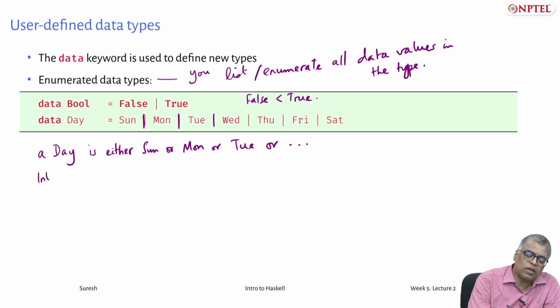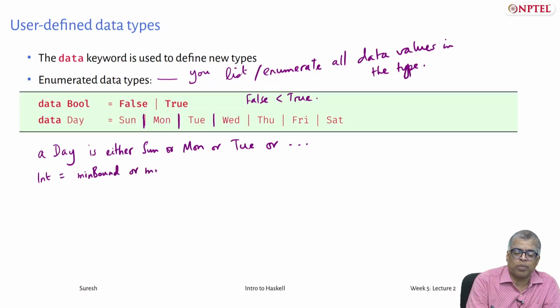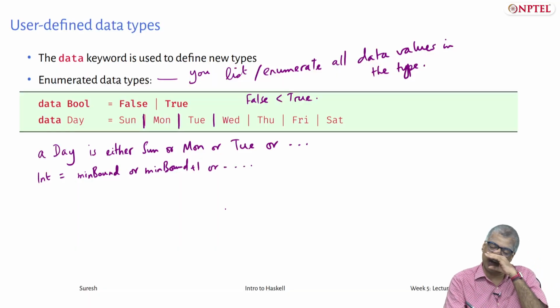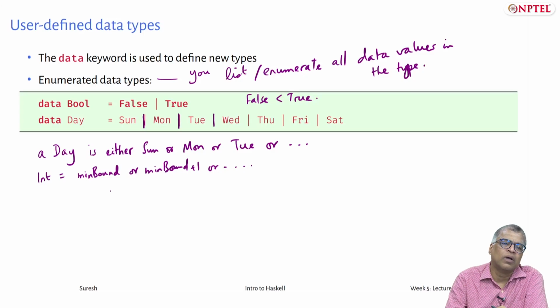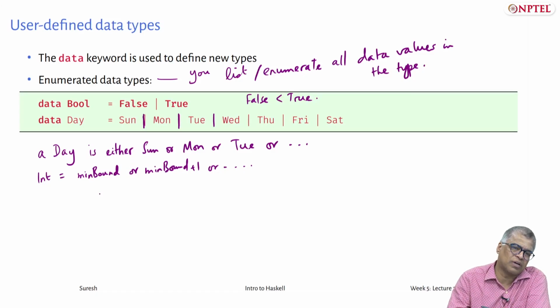Similarly, an Int is either minBound or minBound plus 1 or, and so on, but this is not how it is defined. Integer has some built-in representation. Integer is too primitive for it to be defined in this manner, because it's not the most efficient manner in which you store things.